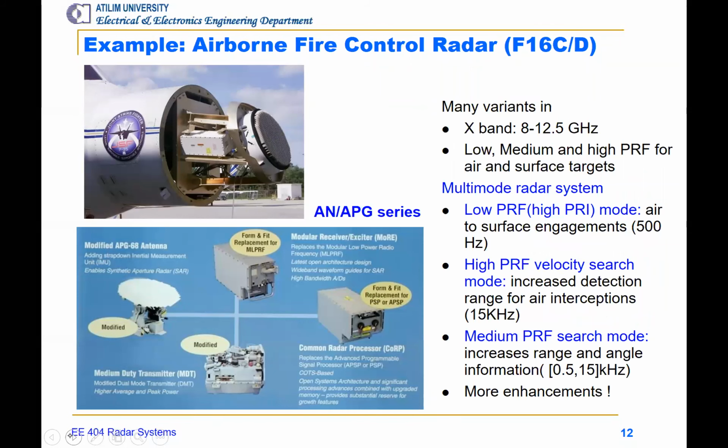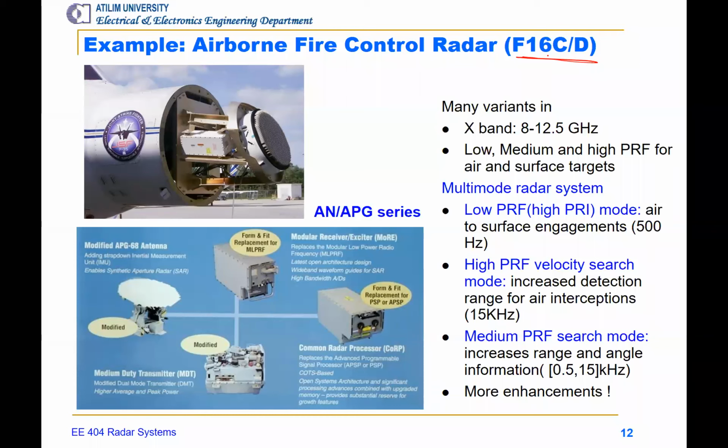Here is an example of an airborne fire control radar, which is installed on the F-16. You may know the F-16. There are several series of that aircraft, C, D, B. Now, as far as I know, the last version is D. There is a complicated radar system installed in many variants of the F-16.